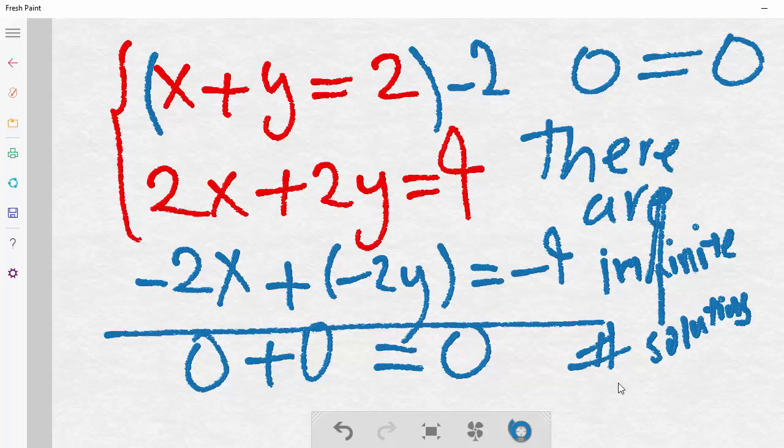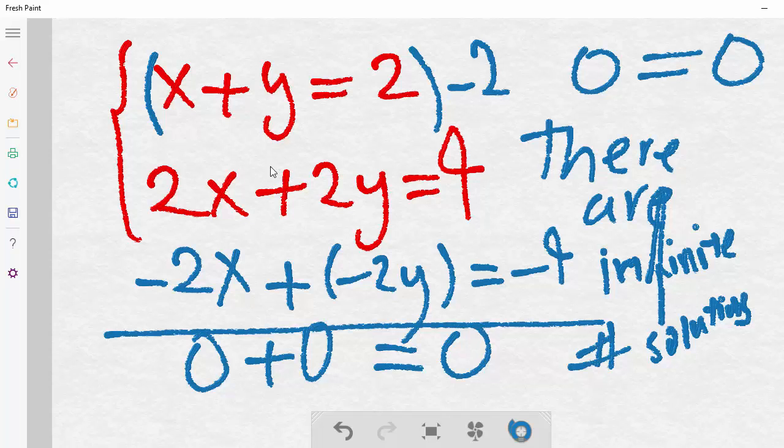What does that mean? Let's look at the lines. If you divide 2x plus 2y equals 4 by 2, you will get the same equation, x plus y equals 2. We know that if you multiply the whole function by a number, we don't change the function. They are exactly the same line. They lie on each other.